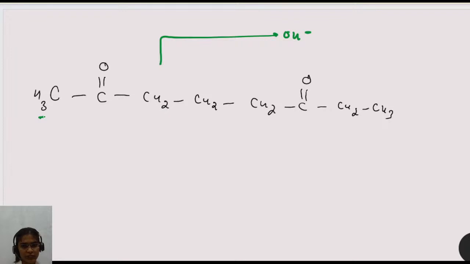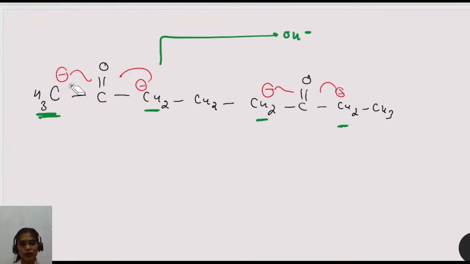Every proton here is acidic. The proton connected next to the carbonyl group is the acidic one, because once O negative is generated, it's stabilized.